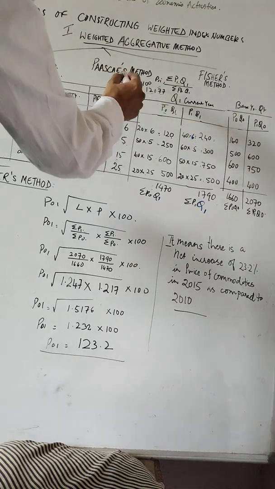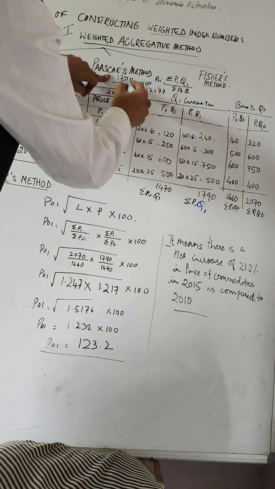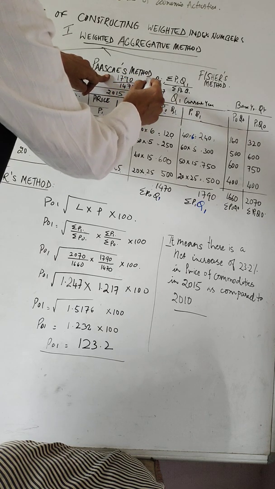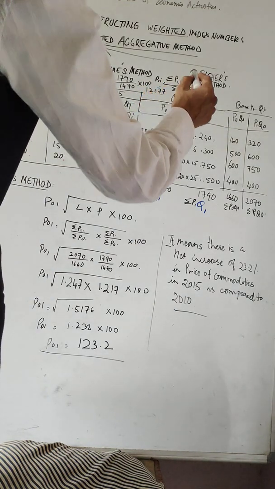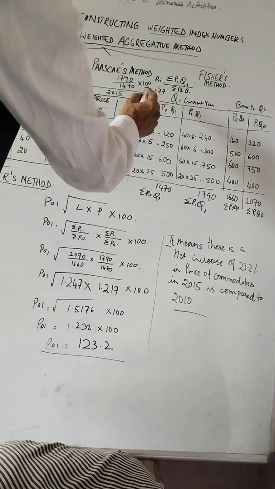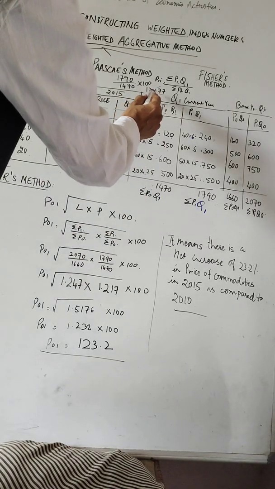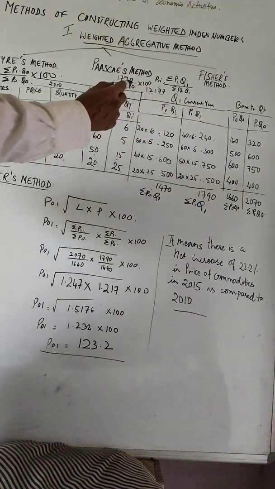This is how we arrived at it by Paasche's method: 1790 divided by 1470 into 100, and what we got was 121.77, which means that there is a net increase of 21.7% in the price of commodities in 2015 as compared to 2010.